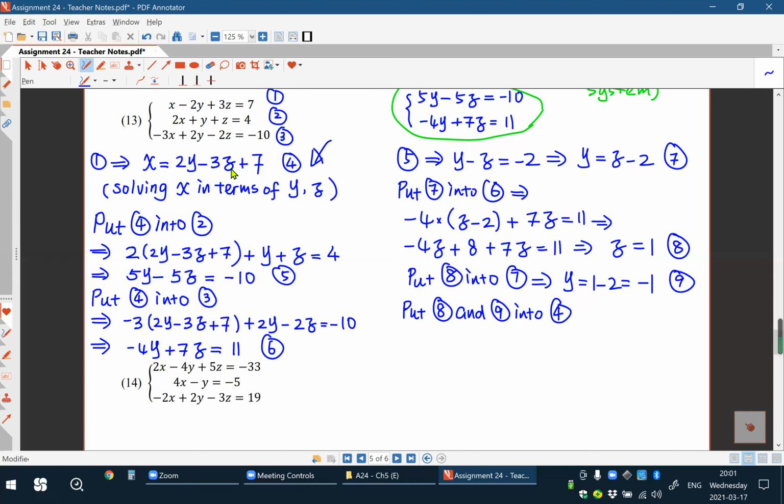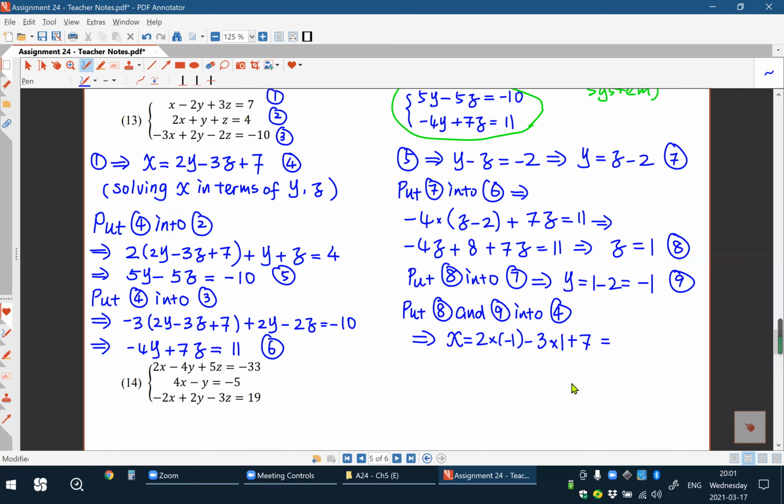If you put the values of y and z there, you will get the value of x. So x is twice y, twice of minus 1, minus 3 times z, z is 1, plus 7.